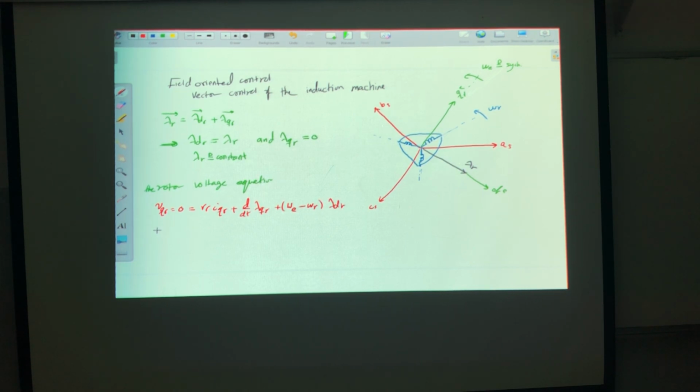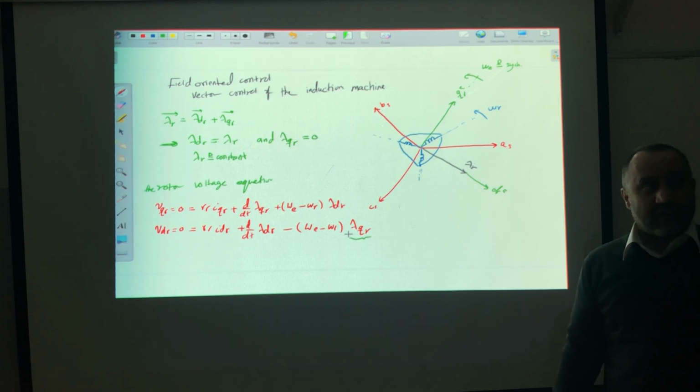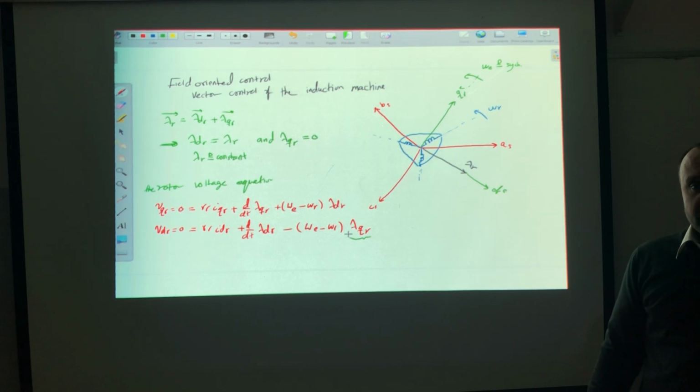VDR equal to what? 0, which equals RR IDR plus d by dt of lambda dr minus omega E minus omega R times lambda qr. Good. Now, by assumption of my reference frame, this term is zero. This term is equal to what? By assumption that lambda is constant, d by dt of a constant value is equal to zero.